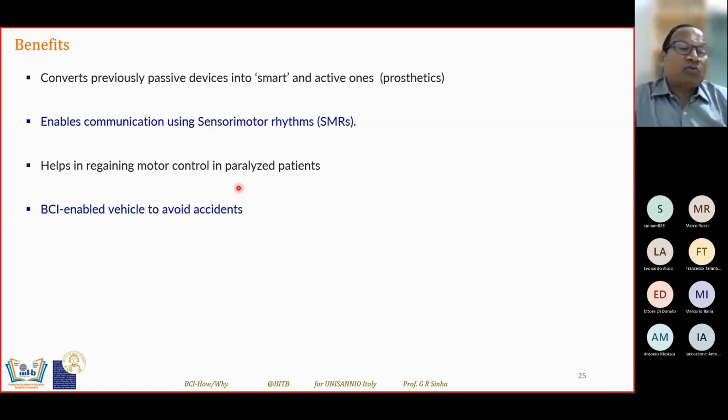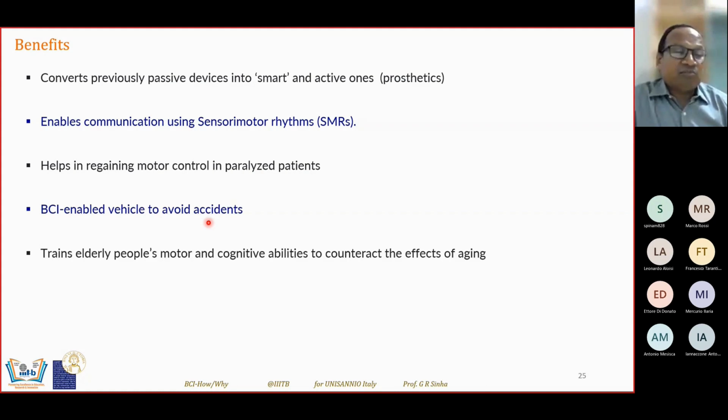The vehicles can be controlled by BCI, which is different from self-driving, where the sensors are the human eyes, smart sensors. But here we are saying that just the brain, or thinking, can control the vehicles and help avoid accidents. But this is in the very beginning stage, the study stage. Much has not been achieved.